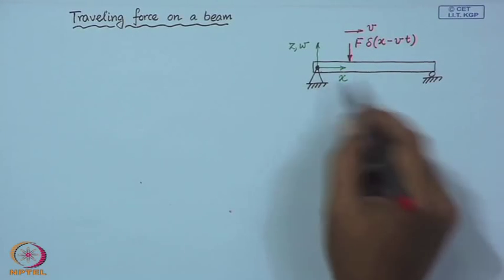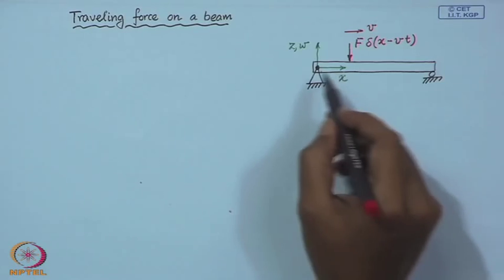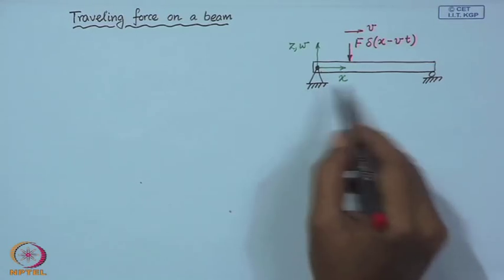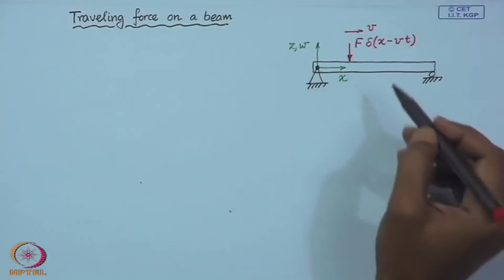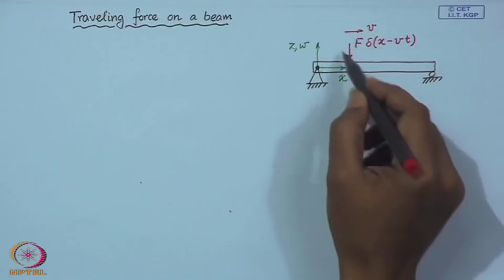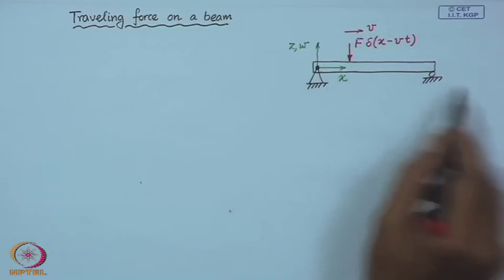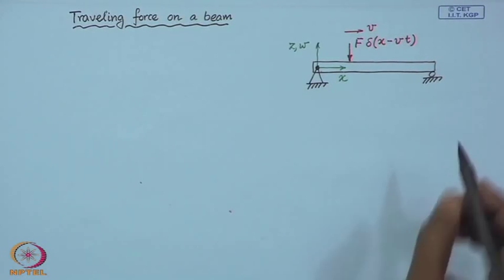So, this problem is important in case of, let us say, bridges on which you have travelling loads. This is a simplified version. Here we are considering a constant force travelling on an Euler-Bernoulli beam.